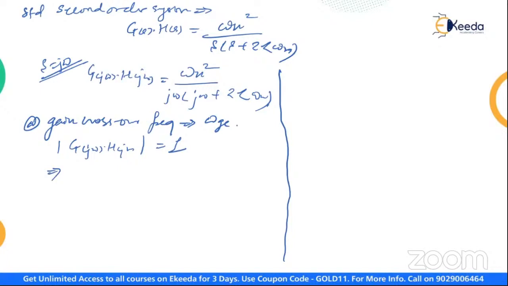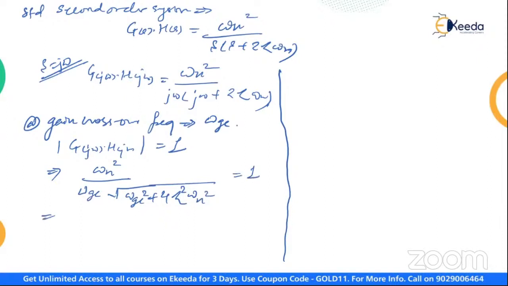So it is omega n squared upon j omega. Modulus of j omega is omega GC, because we are interested at omega equal to omega GC, correct? Yes. Omega GC into under root of omega GC the whole squared plus 4 times zeta squared into omega n squared, which is equal to 1.